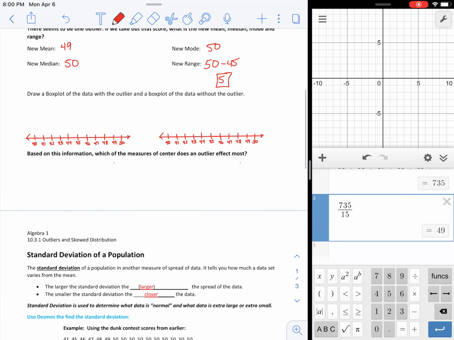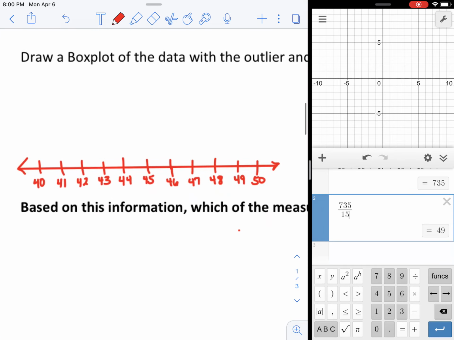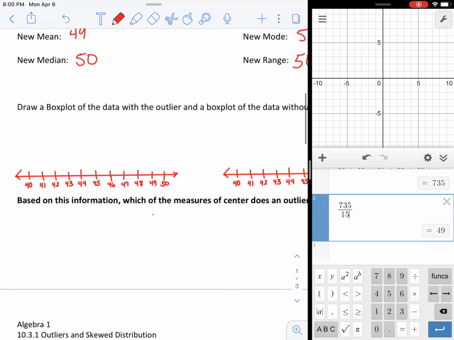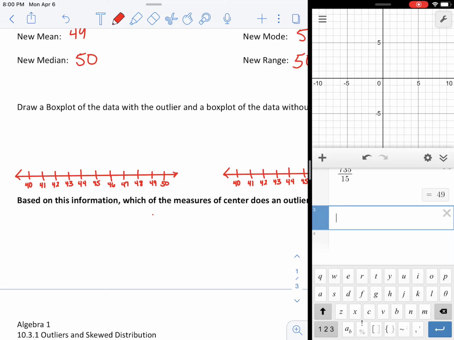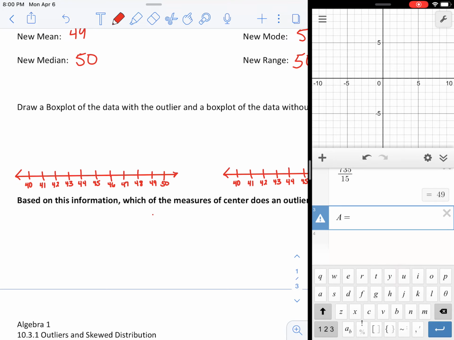All right, let's look at the next thing. It says draw a box plot of the data with an outlier and a box plot of the data without the outlier. A box plot, remember, has your median, lower quartile, and all those. So let's put that into Desmos. Let's list our data points.